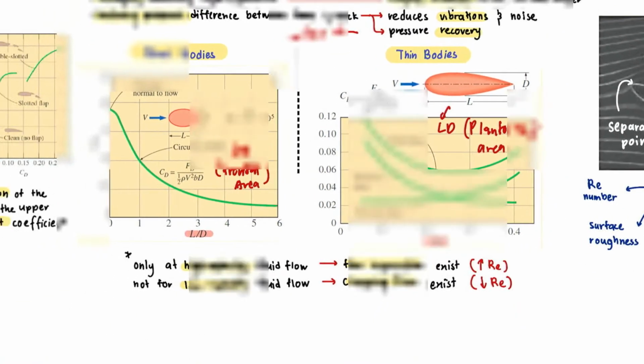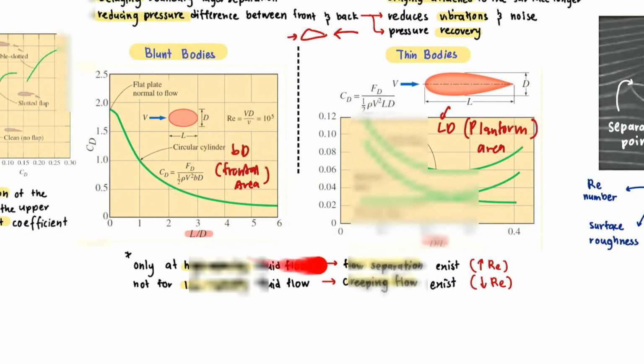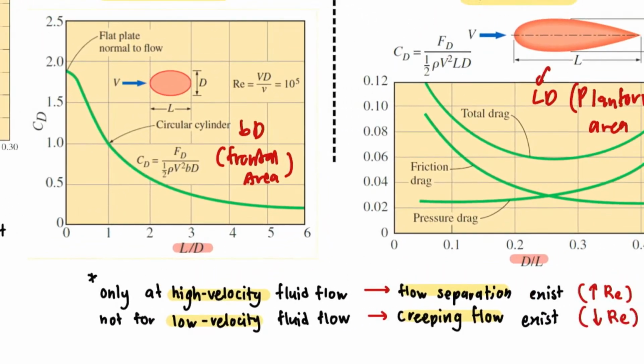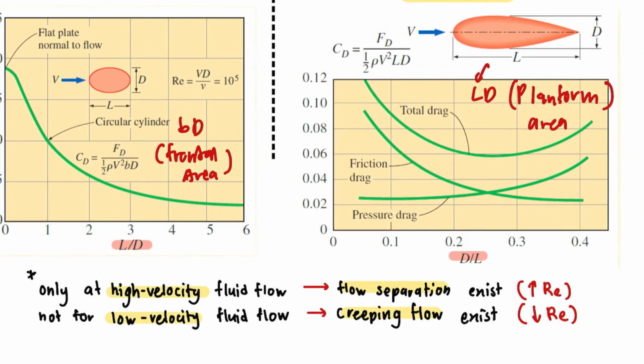Okay. So korang kena ingat juga, do you notice that over here it is L over D, but over here it is D over L. Pelik kan? Sini L over D, sini D over L. Tapi sebenarnya sama je, sebab dia start dengan 0 sampai 6. Sini start with 0 sampai 0.4.